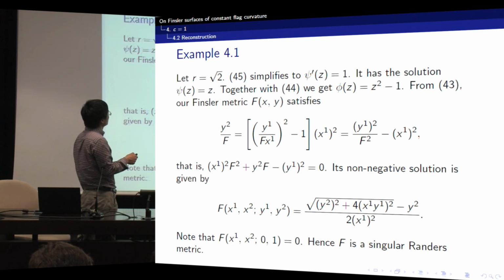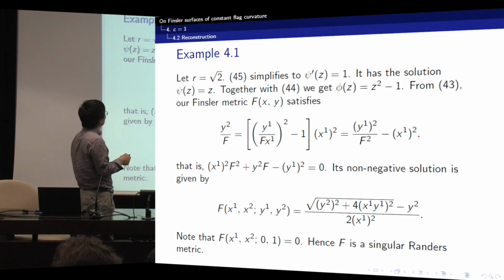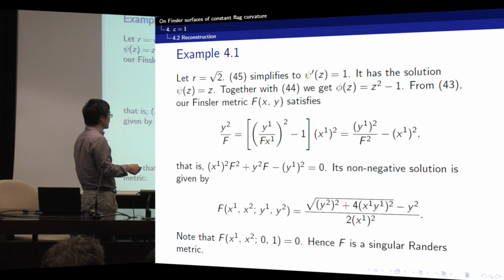Together with (44), we get phi z equal to z squared minus 1. From (43), our Finsler metric F satisfies this equation. Just simplify this equation. This is a very simple equation, so we can get the solution. The non-negative solution is given by this one.